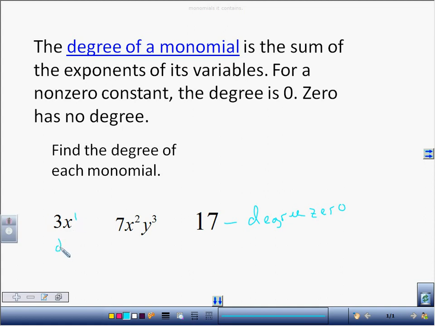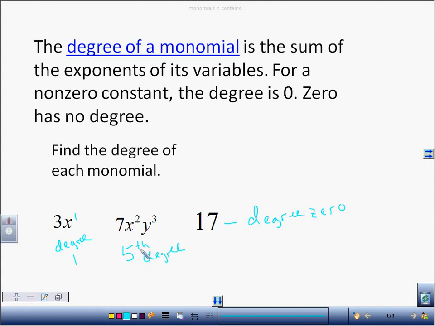So this is degree 1. And this, you have an x to the 2 and an x to the 3. It says it's the sum of the exponents of its variables. So what is the sum of the exponents of these variables? 5. So this is 5th degree. You guys see where that comes from?